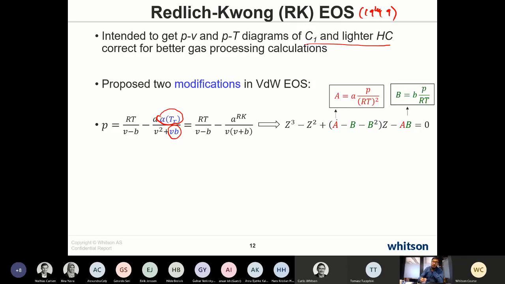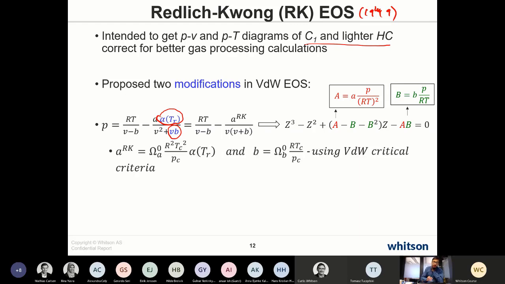This capital A is again a function of pressure and temperature, and then the small a, and here is the small b. The small a of RK is the same as the small a of the van der Waals equation, but then we have this alpha, the correction term, and again the b.